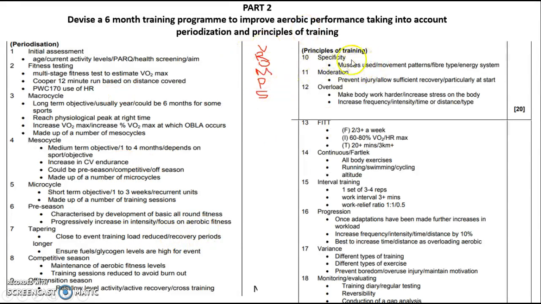On top of that, you're looking here, looking for particularly principles of training and how they would link to. Remember, the key principle of training we've looked at is FITT. Okay, so we've looked at 2 to 3 times a week, 60 to 80% of your max heart rate, 20 minutes plus. Now, I think what we've got to do here, again, this is an old specification.